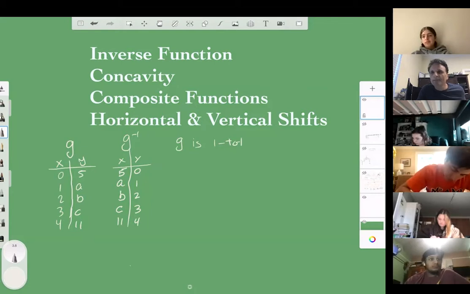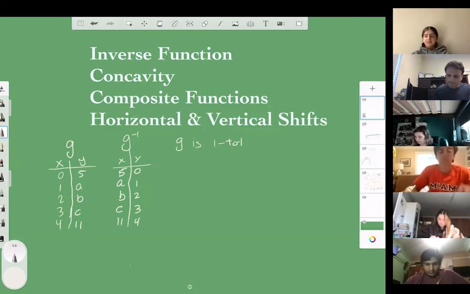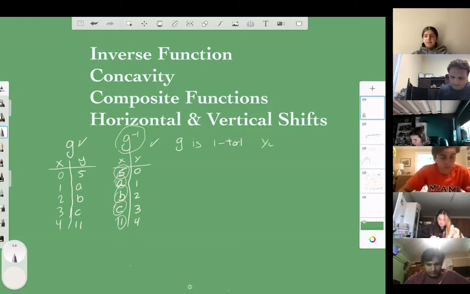So the definition of 1-to-1, the G inverse should be a function too. So G inverse, none of them repeat. So this is a function also. The original was a function. So it is yes, it is 1-to-1.